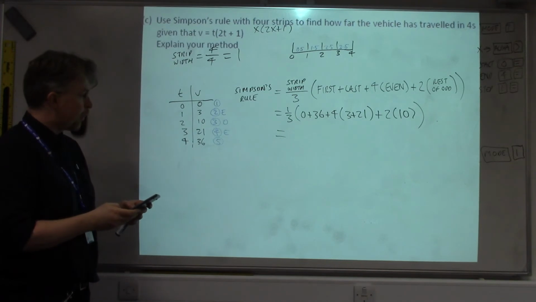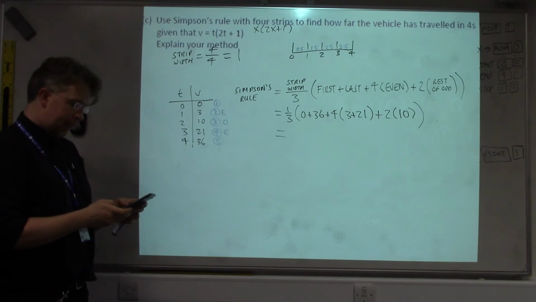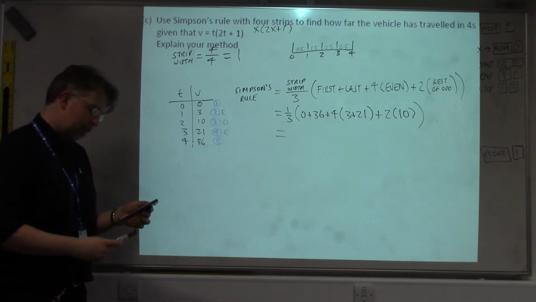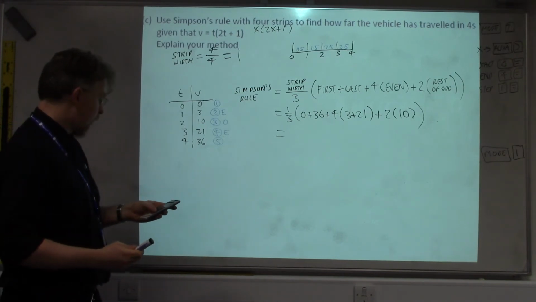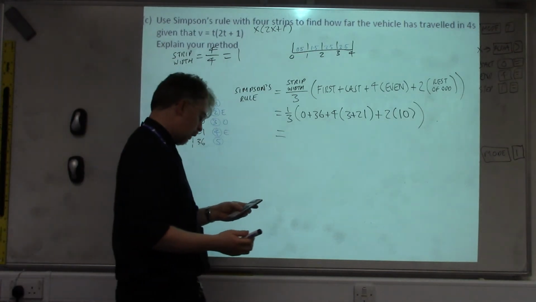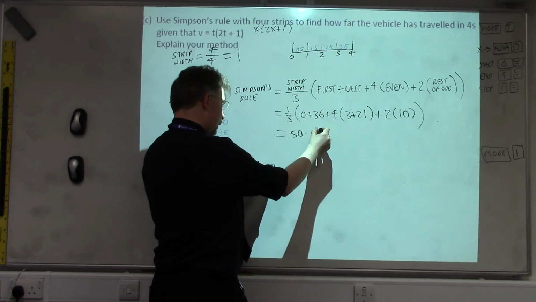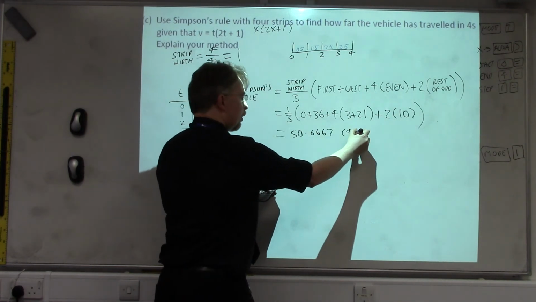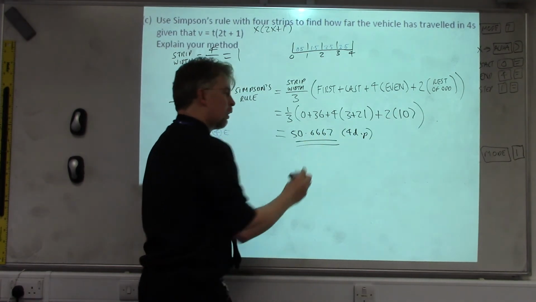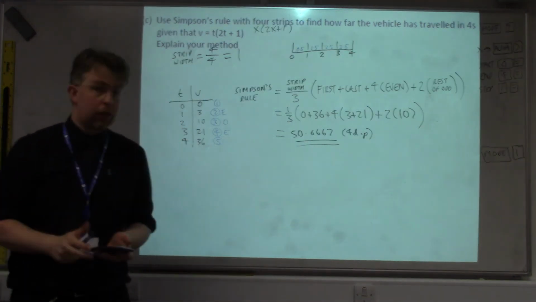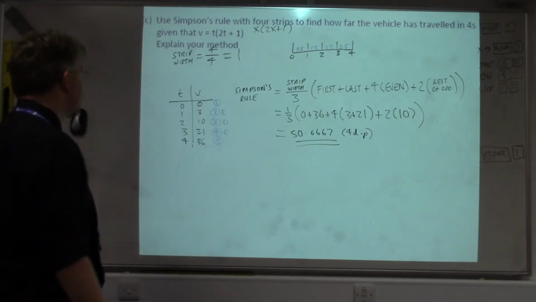So 36 plus 4 times, bracket 3 plus 21, close bracket, plus 2 times, bracket 10, close bracket, equals. And we get 50.6667 to 4 decimal places, or 50 2/3 would also be acceptable as an estimate.